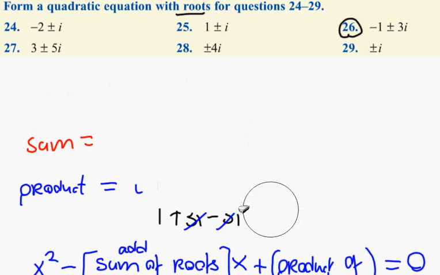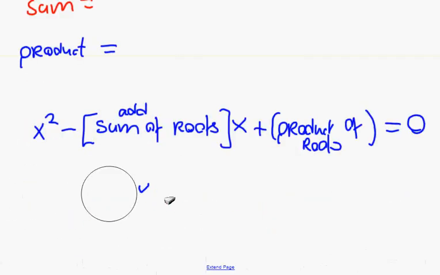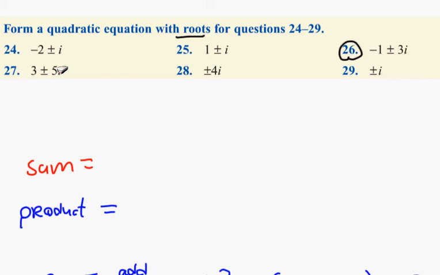Now there's one other one we need to do, and that is question 29. In number 29, guys, what are the two roots? Can anybody tell me? 0 plus i and minus i.